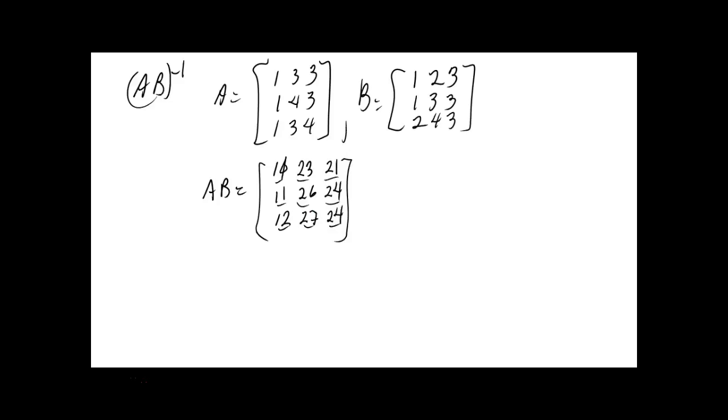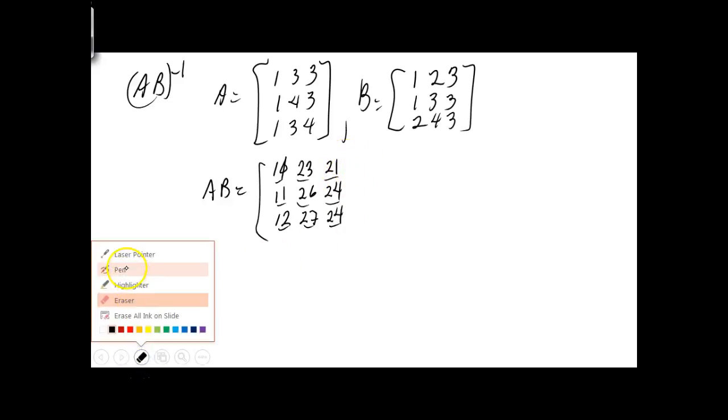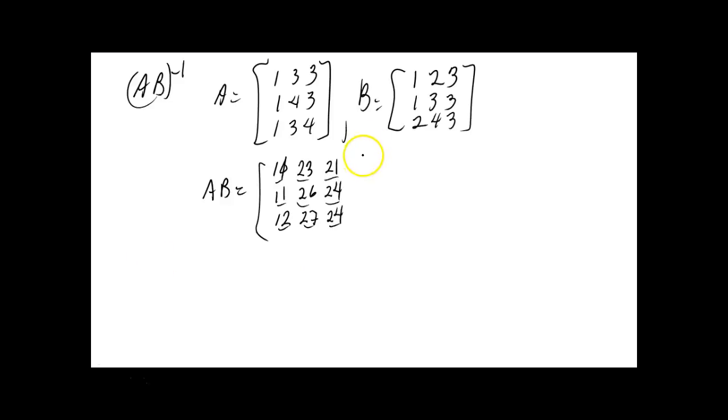Now we have to do the inverse of that. What I'm going to do is augment this with the identity matrix, I3.